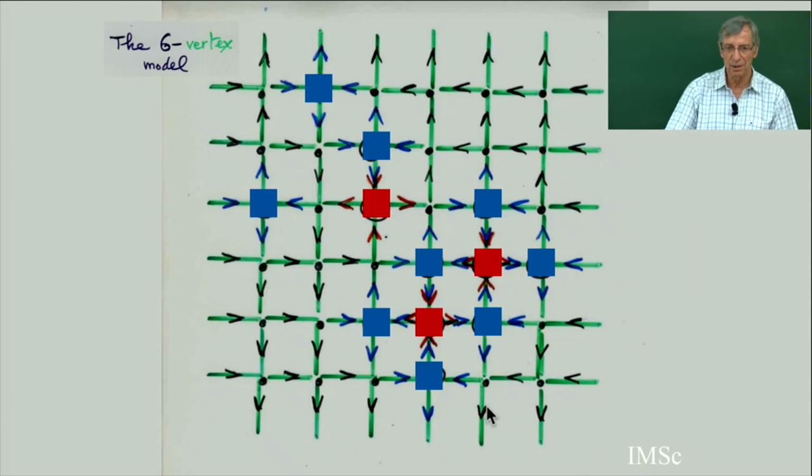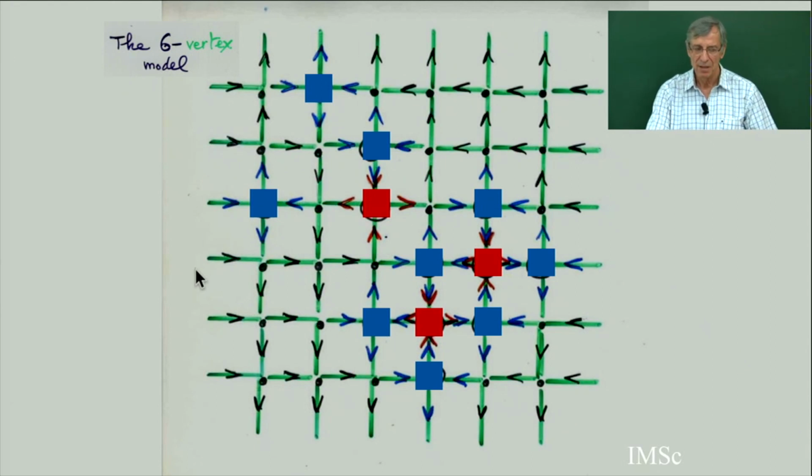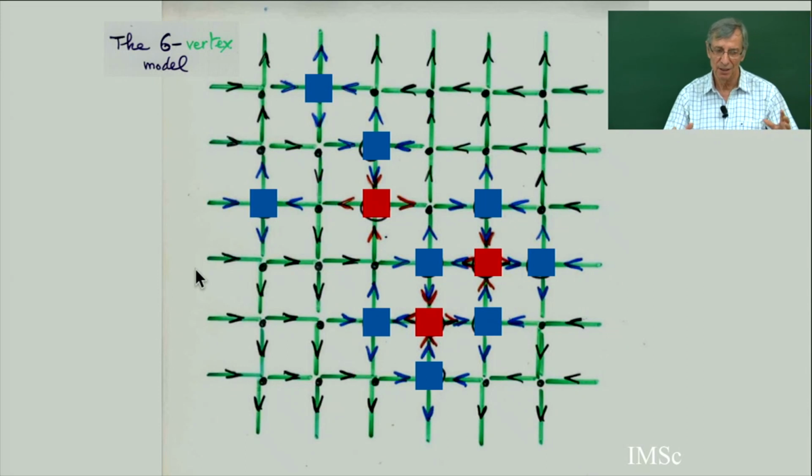So this fourth condition is called the domain wall condition. And so the 6 vertex model in physics with this border condition is equivalent to the enumeration, to the generating function of alternating sign matrices. The 2 configurations are in bijection.